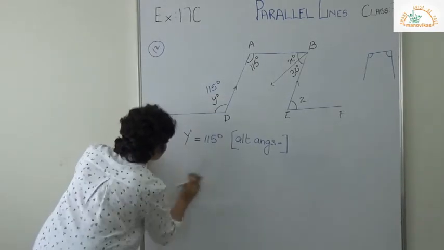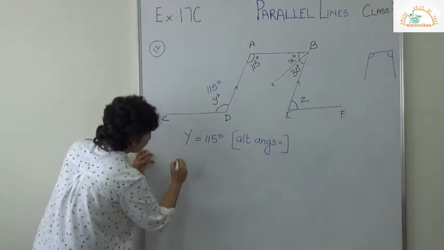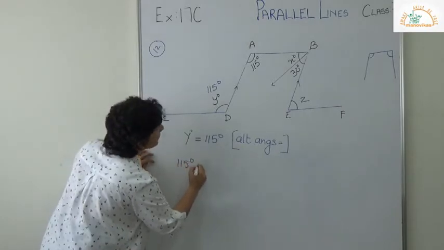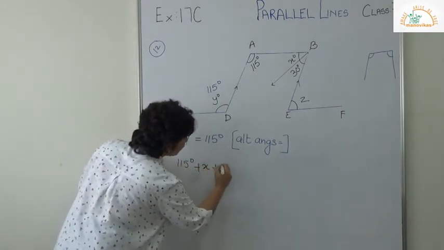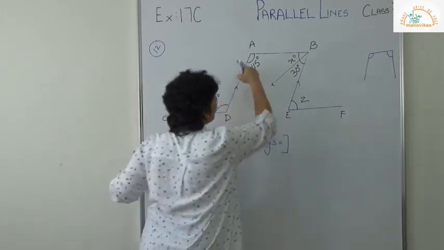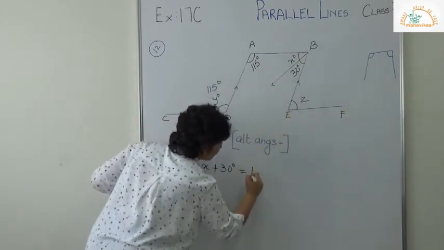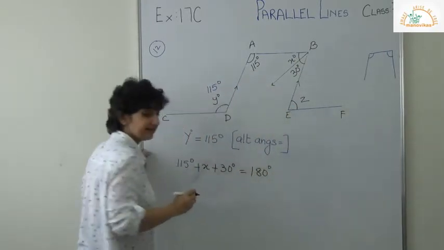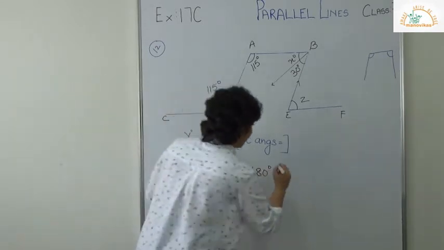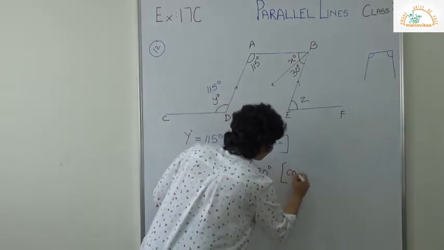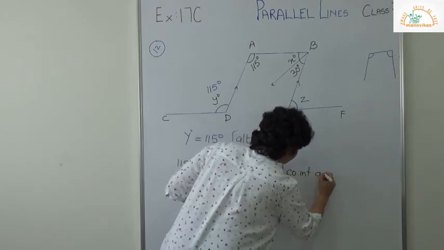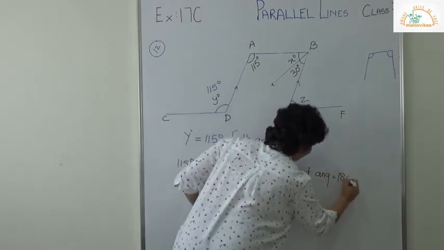Sorry. Let's put them together. 115 degrees plus x plus 30 degrees. All this together is equal to 180 degrees, isn't it? Alright, and what is my reason? Co-interior angles are equal to 180 degrees.